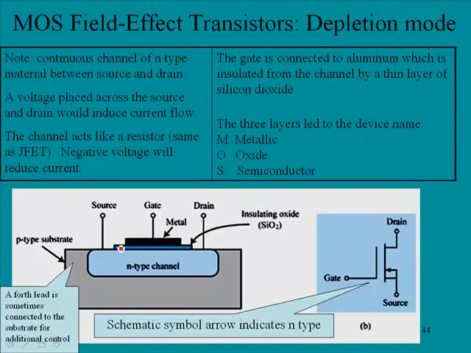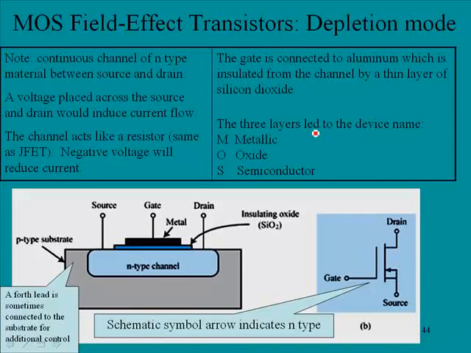So there's no electrical connection between the gate and the N-type material because we have an insulator in between them, but we will be able to induce an electric field through the material, but there is no connection between the gate and the source and drain.